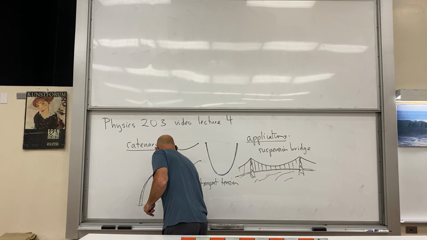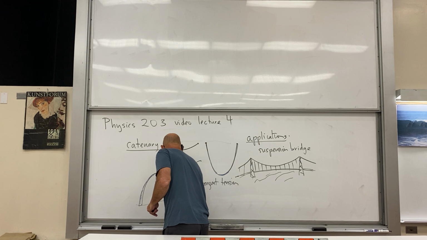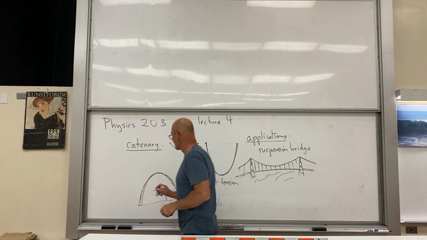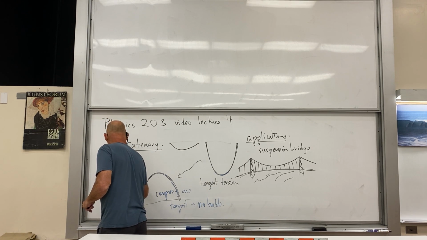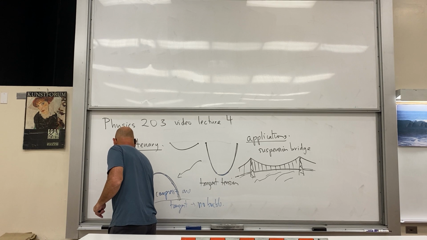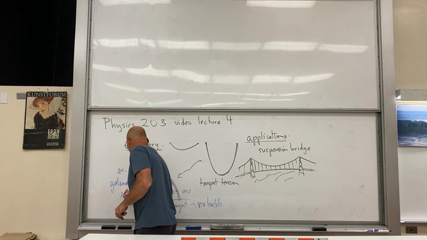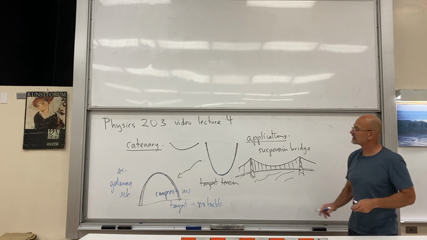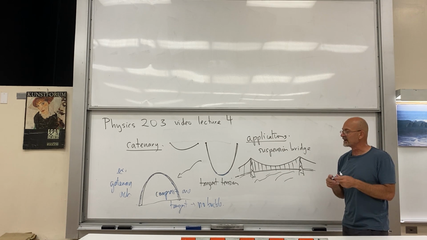Therefore, it's not going to buckle. And the example here is the Gateway Arch in St. Louis. Okay. So there you have it. There's some nice applications of the catenary.